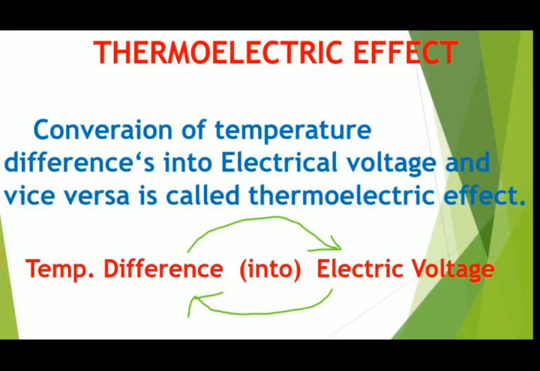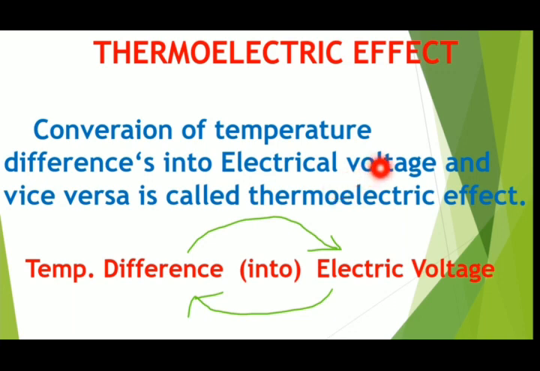Listen student, now let's discuss the last topic in this lesson, thermoelectric effect. What is thermoelectric effect? Conversion of temperature difference into electric voltage and vice versa is called thermoelectric effect.